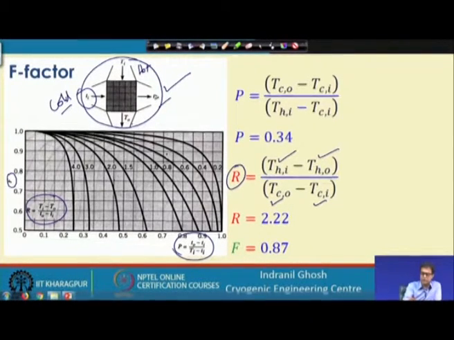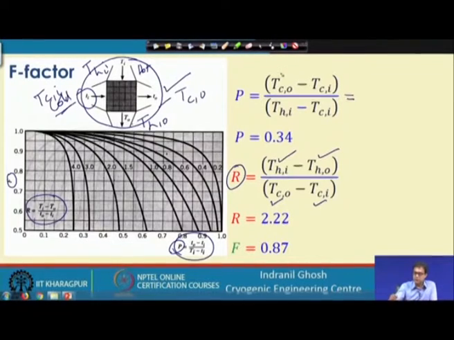So there are two parameters, R and P. P is TCO minus TCI divided by THI minus TCI.